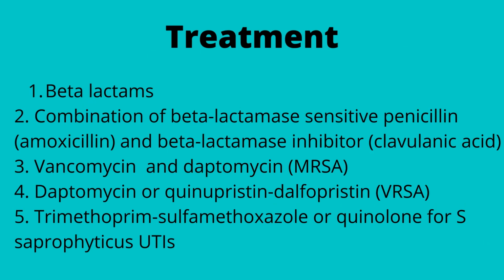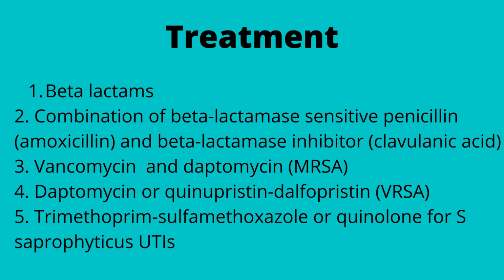There are various treatment options. Firstly, there is the beta-lactam group, but mostly this bacteria is resistant to this group. So a combination of beta-lactamase sensitive penicillin, that is amoxicillin, and a beta-lactamase inhibitor, that is clavulanic acid, can be given.